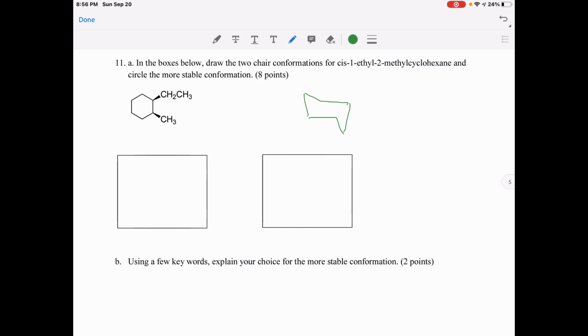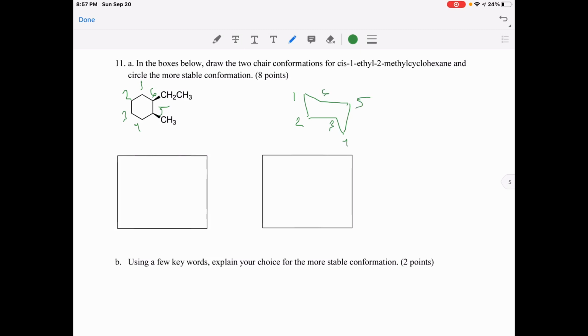So let me just number these out so it becomes more convenient. 1, 2, 3, 4, 5, 6. So we do that here as well. 1, 2, 3, 4, 5, 6.